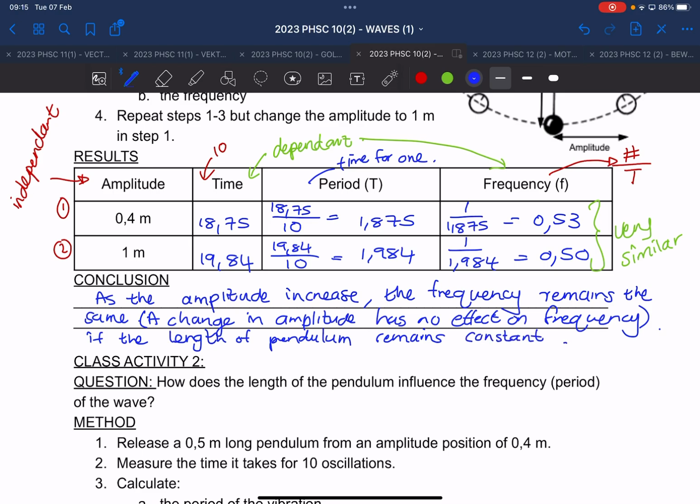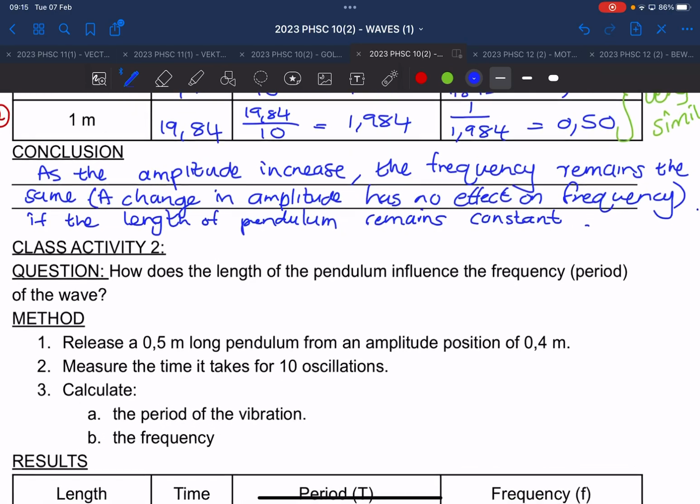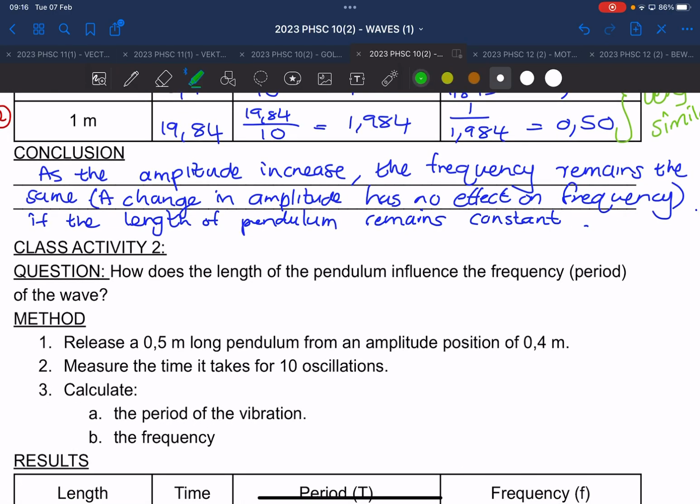Okay, so you must mention the thing that you keep constant. So I'm going to highlight here. I want you to mention the amplitude and the frequency, so our two variables. I want you to mention as the one increases, the other one remains the same, so their relationship. And then I want you to mention the controlled variable.